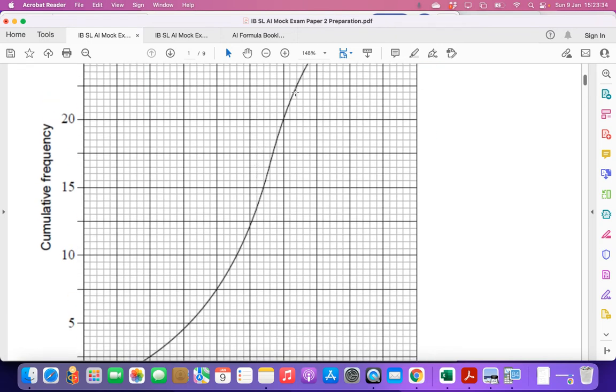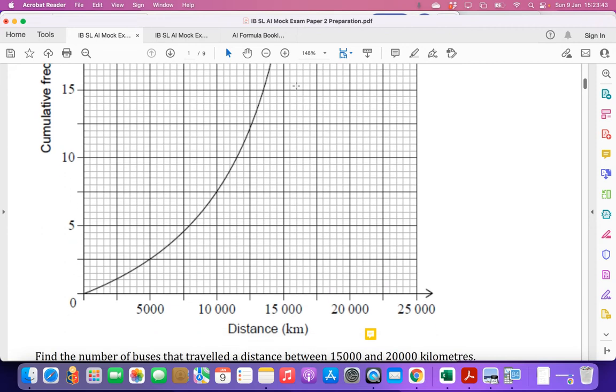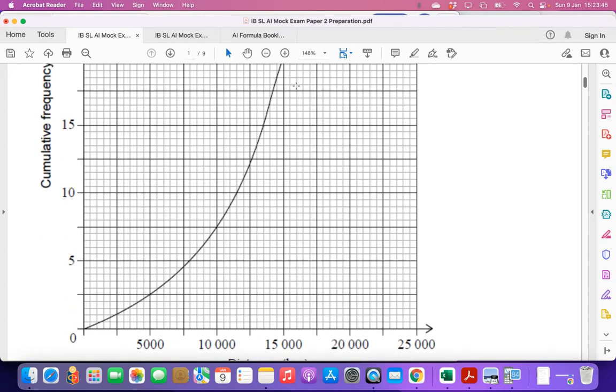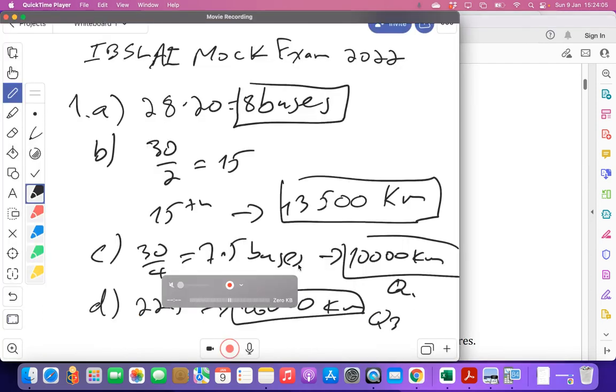Coming across here, each division is 500 kilometers, so I went from 15,000 kilometers to 16,000 kilometers. That's going to be Q3, our upper quartile.